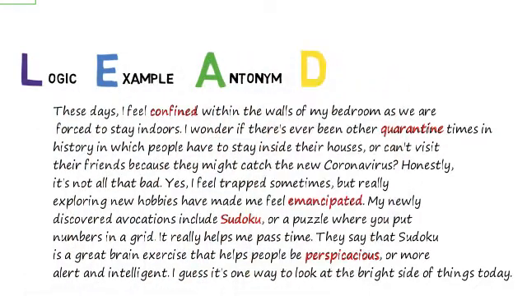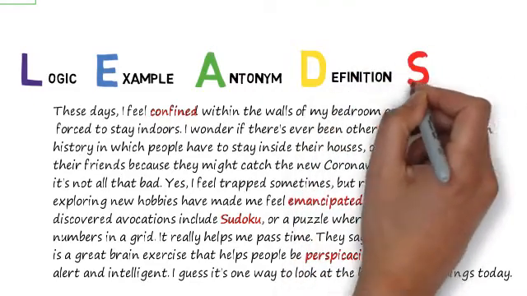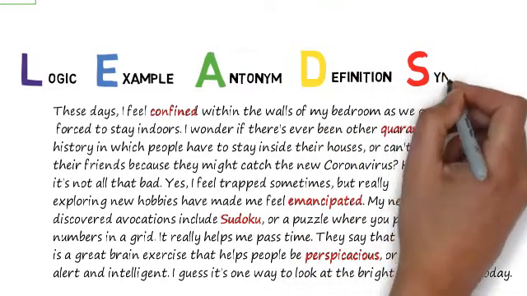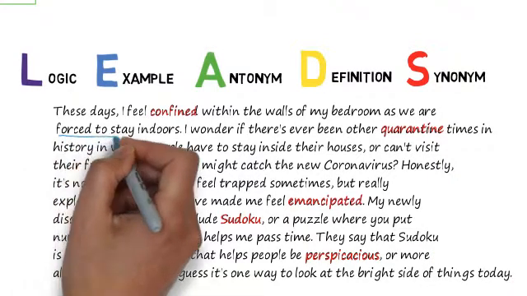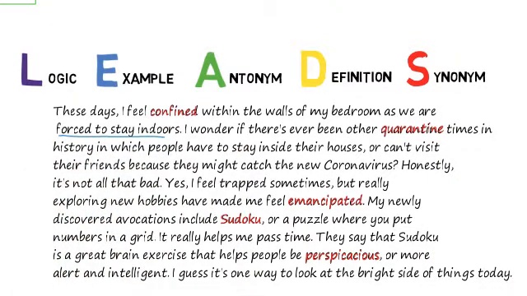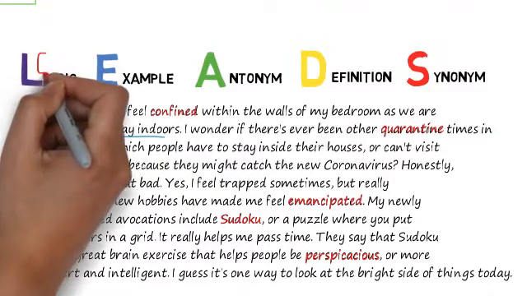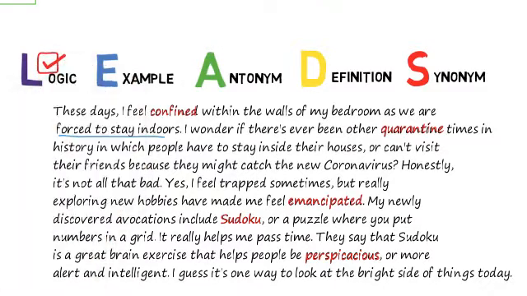Once again, we have logic, example, antonym, definition, and synonyms. So if I am forced to stay indoors, confined should probably mean like I am trapped, right? I think that's how I would feel if I was forced to stay indoors. Good. Confined means to be entrapped or settled in.